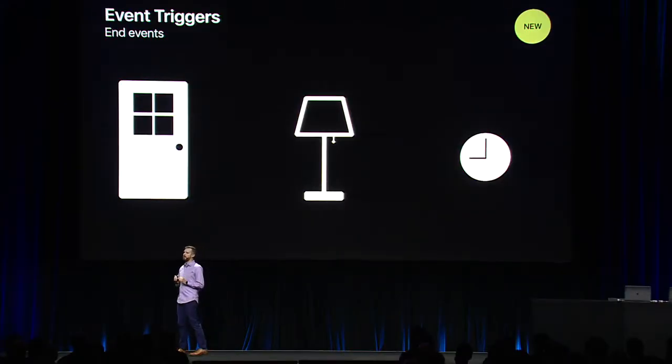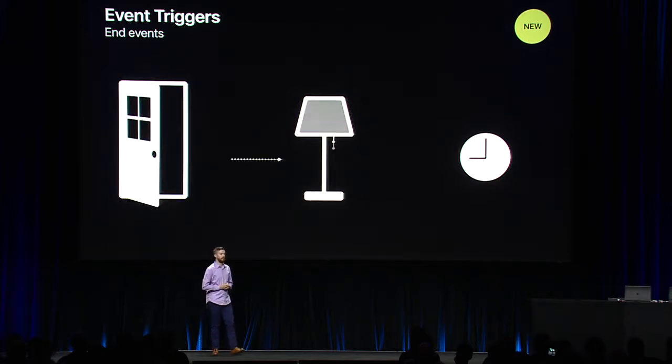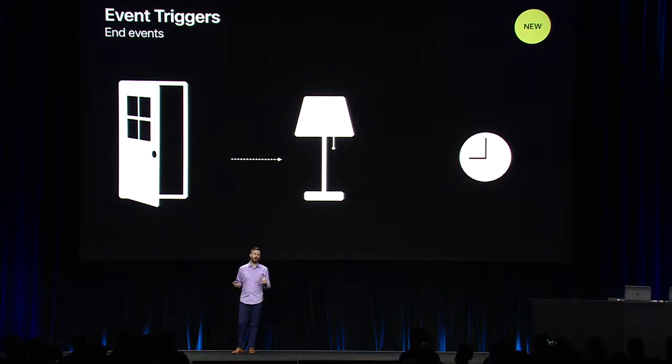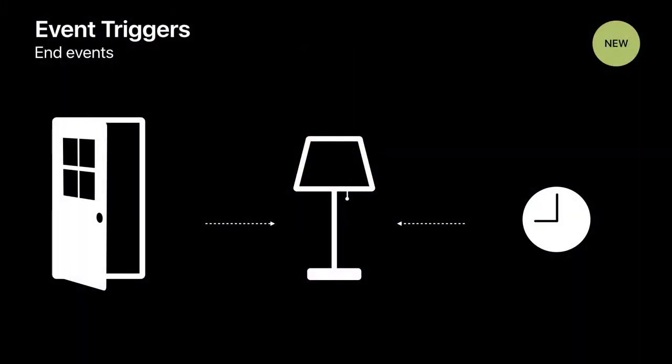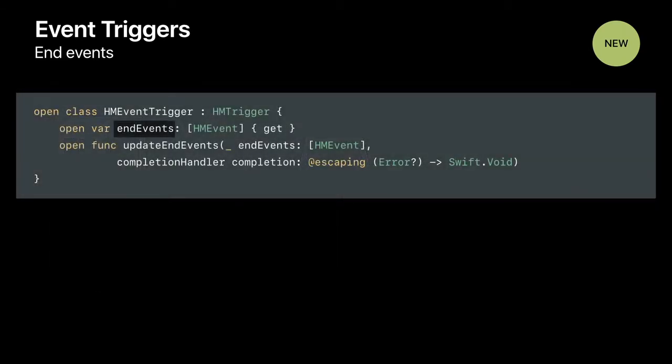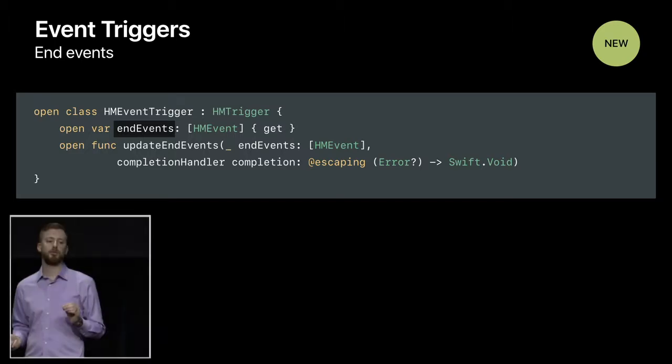If you're like me, we often want to execute a trigger, but only temporarily. For instance, when I open my patio door at night, I want my patio light to turn on. But after, say, 10 minutes, I want my patio light to turn off automatically. And this is now possible in iOS 11 via end events. End events are available on HMEventTrigger, and they return a collection of HMEvents.